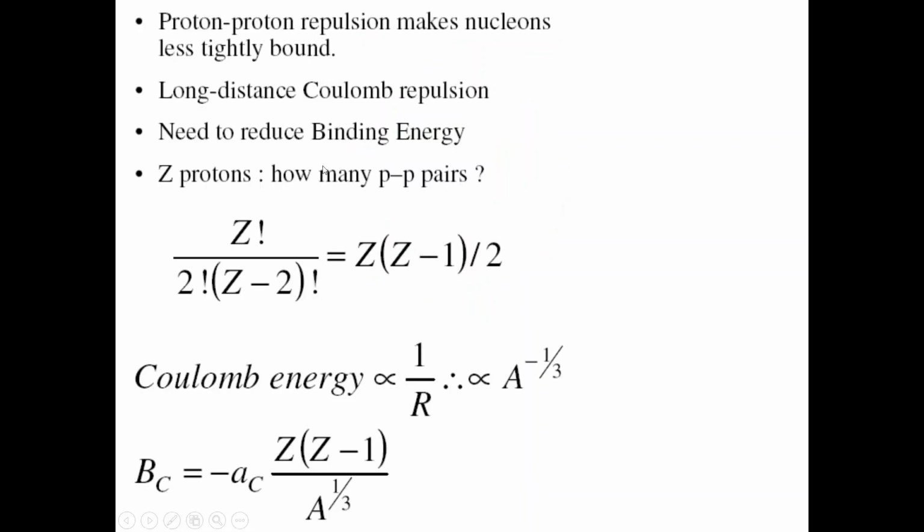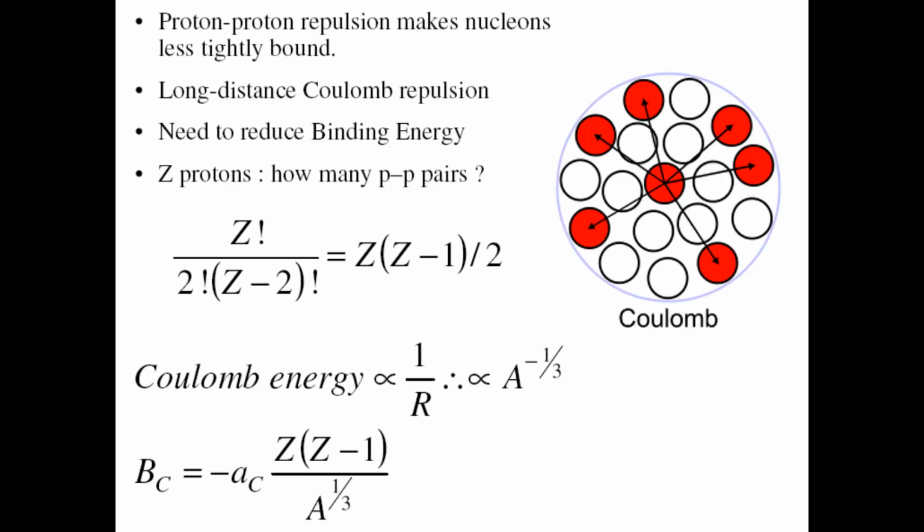Now there is a basic, well-known fact which almost each of you knows, that protons have repulsions, and these repulsions make the nucleus less tightly bound. You all know that in the nuclei the only charged particle is the proton, and these protons have the same charge, and the same charge repel each other.